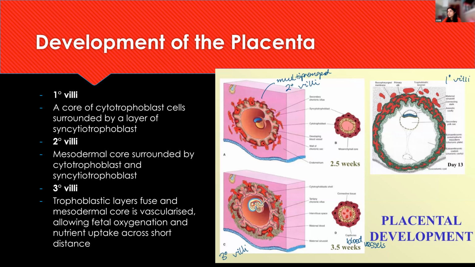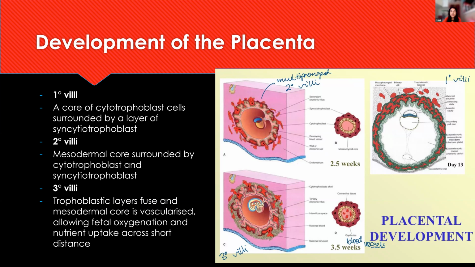Just before invasion, you also have the decidual reaction, which is when the endometrium has spiral arteries and provides blood and a lot of edematous fluid to promote secretion and develop the fetus. Okay, so primary villi.